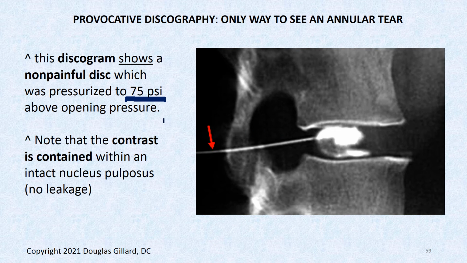I have seen pain management doctors go up to 150. In fact, a prominent one here in the Bay Area, back when I was in practice, actually caused a herniation. He ripped the back of the disc right open. He went up to 150, which is insane. I never used him again. So never more than 75 psi, because you also get false positives.